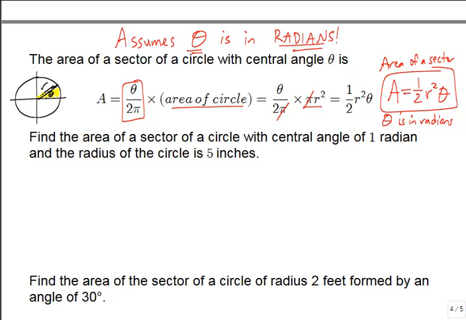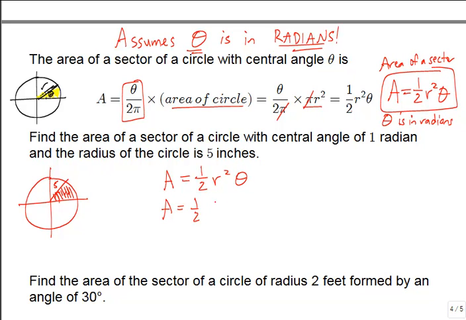So let's find the area of a sector of a circle with central angle of 1 radian and the radius of the circle being 5 inches. If we draw a picture here, we have a circle with a radius of 5 inches, and the central angle here is 1 radian, and we're trying to find the area of that whole little wedge. So our formula is A equals 1/2 r squared theta. We're looking for A. We know our radius is 5 inches.